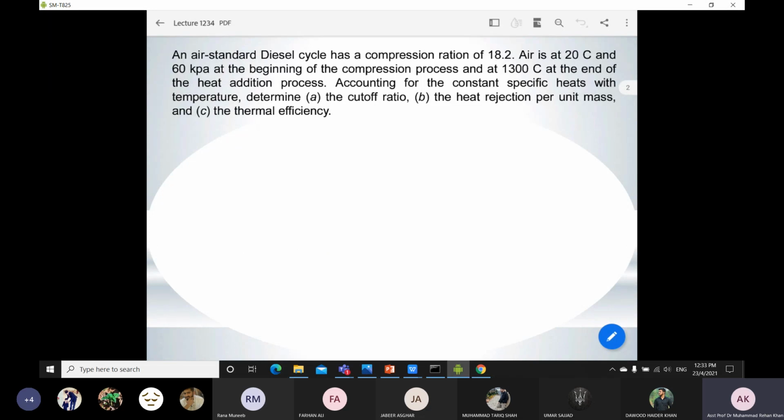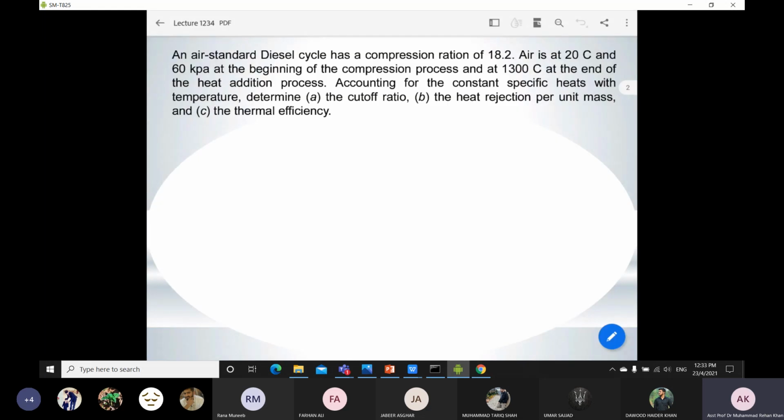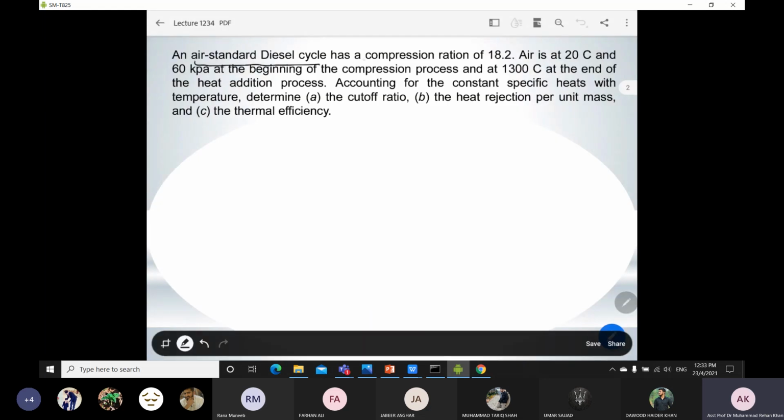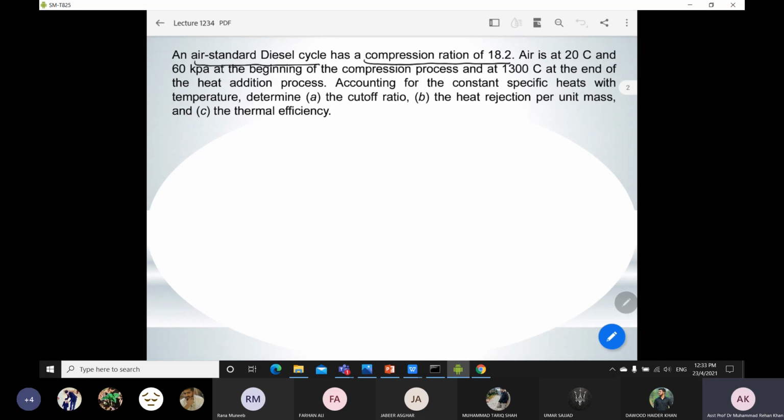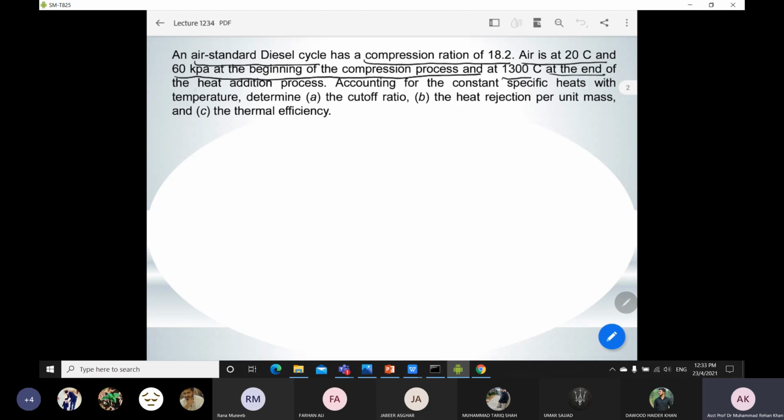An air standard diesel cycle has a compression ratio of 18.2. Air is at 20 degrees Celsius and 60 kilopascal at the beginning of the compression process. It means that temperature 1 and pressure 1 are given in the question, and 1300 degrees C at the end of the heat addition process.